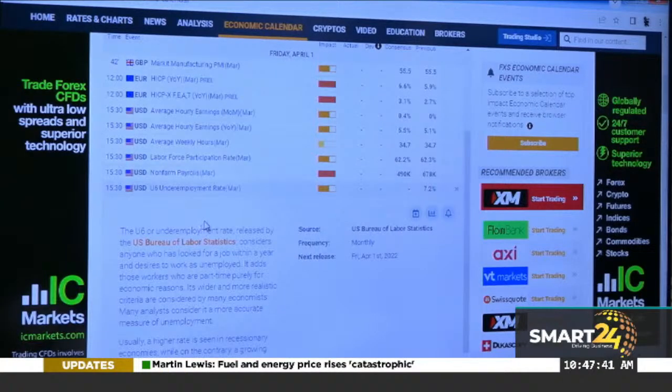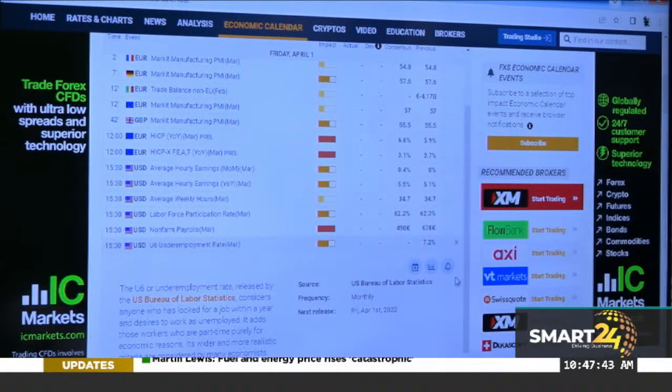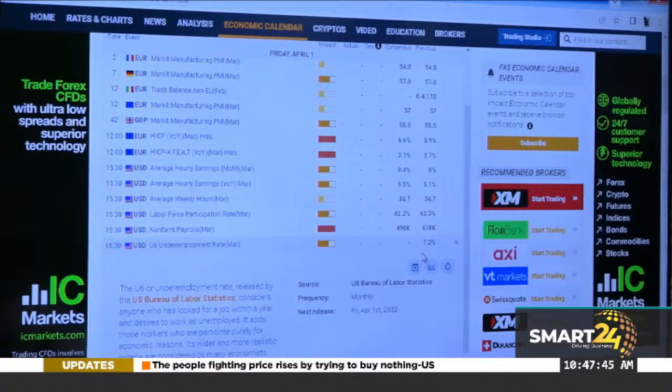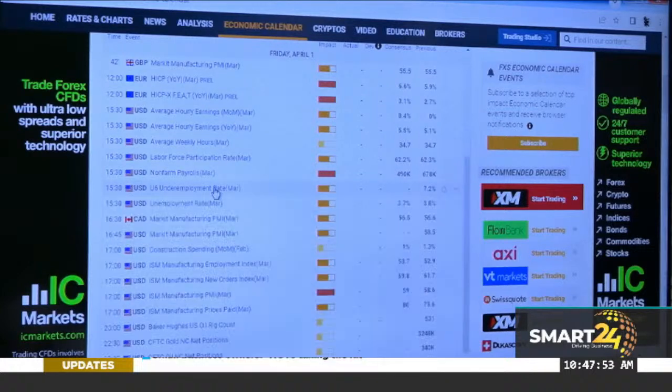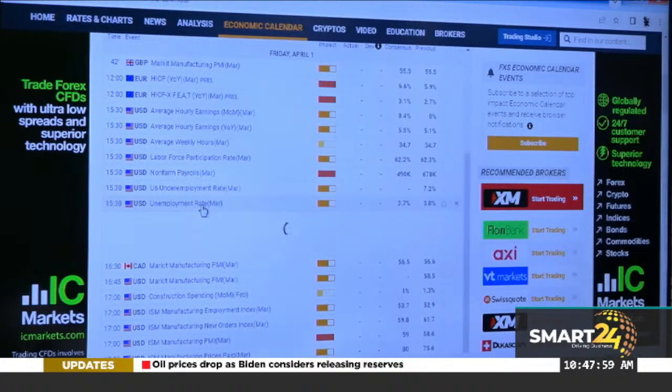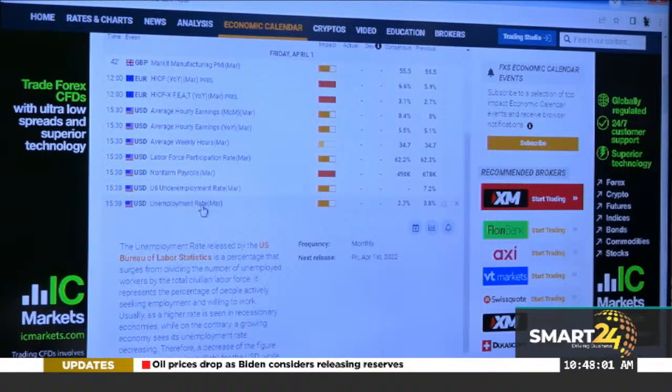Then the underemployment rate has a previous figure of 7.2%, and there is no consensus there. So for this one, we just wait for the actual figure that will come out. Then unemployment rate, very important for the US.